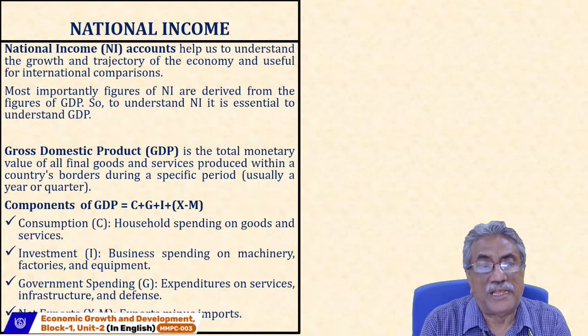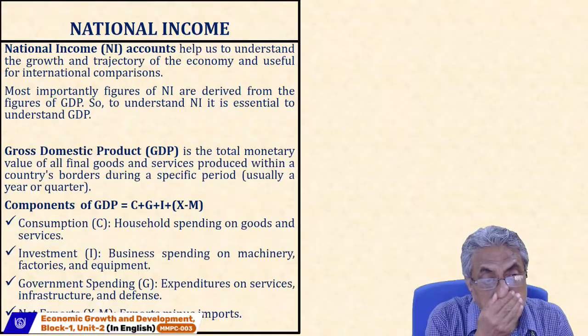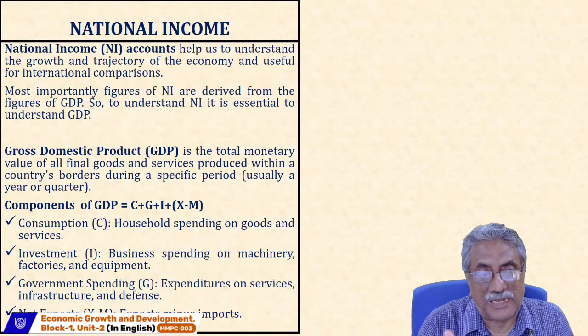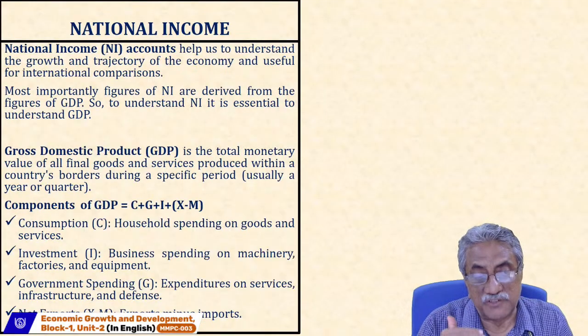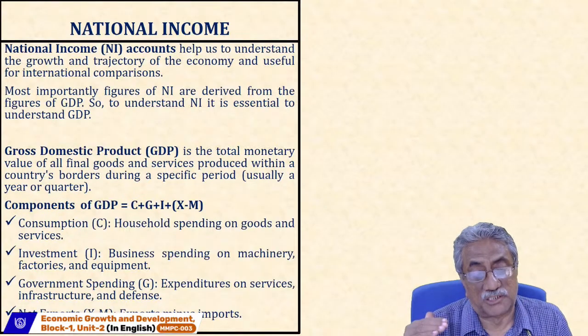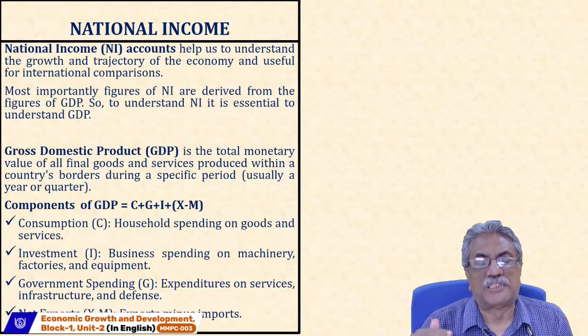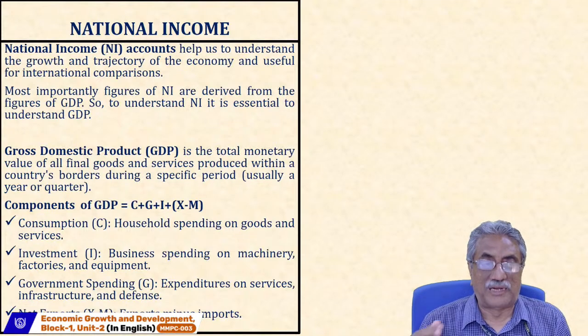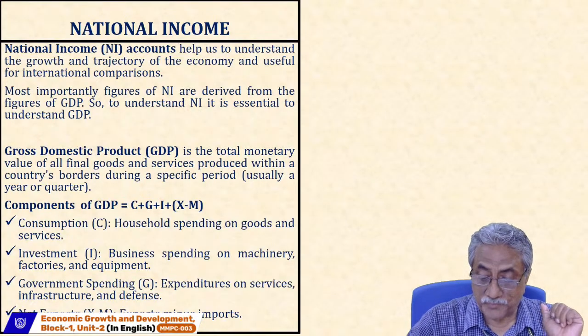So this totality is GDP. You go through it once, then you will realize that consumption, investment, government expenditure, all on final goods and services, and then net exports, that is exports minus imports. That is by components of GDP, and that is GDP.